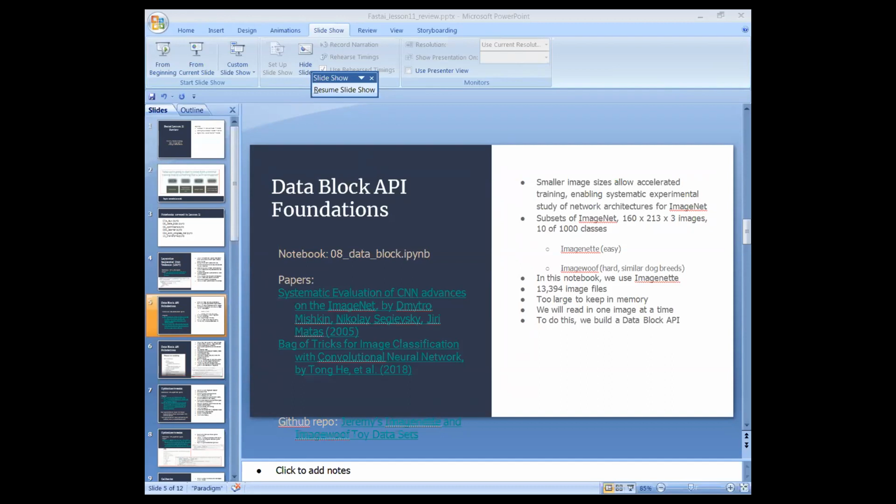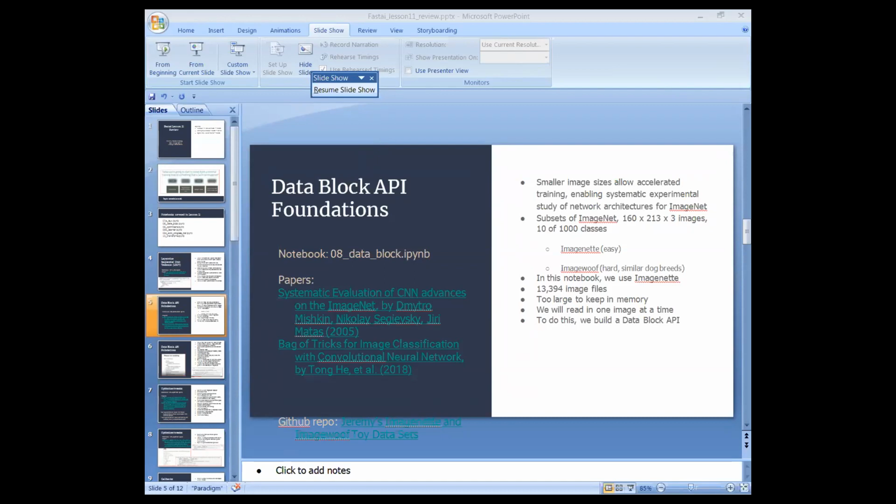So what Jeremy did was he built two sort of toy data sets. One he calls ImageNette, something like that, with a French accent.